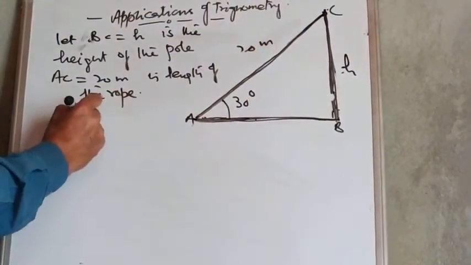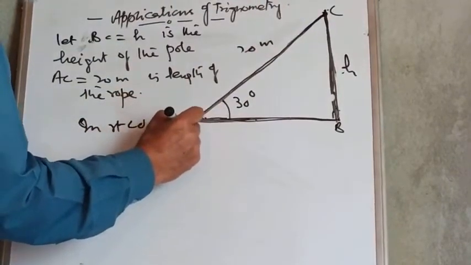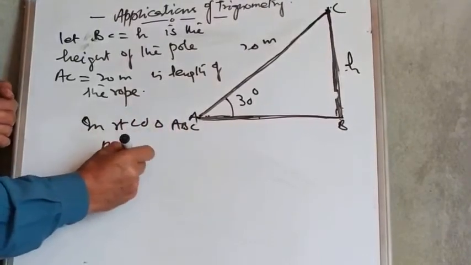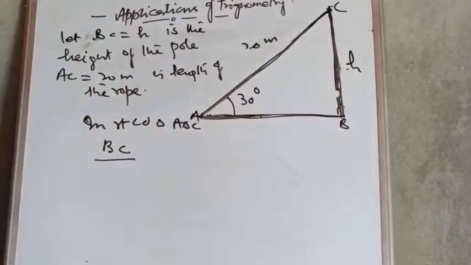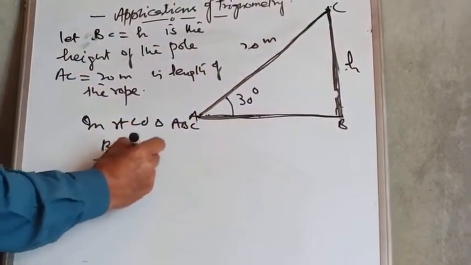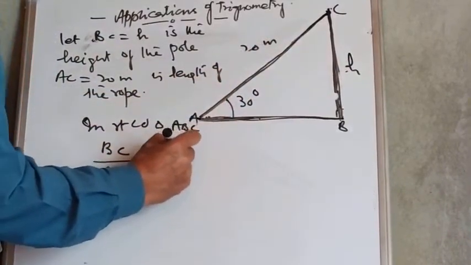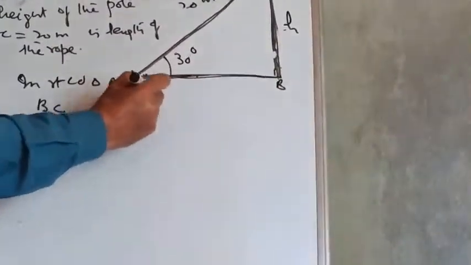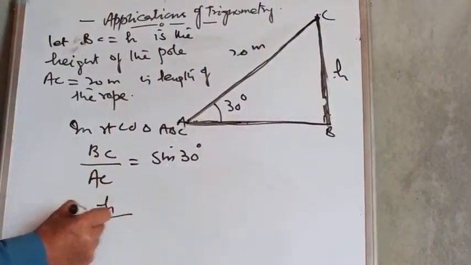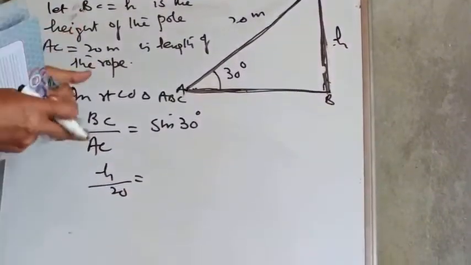So in right angled triangle ABC, this BC is to be determined. We know that we should take this as numerator. BC divided by AC is equivalent to perpendicular divided by hypotenuse. This is sine theta. So what is theta here? It is 30 degrees. BC is H, AC is 20, equal to sine 30 degrees.